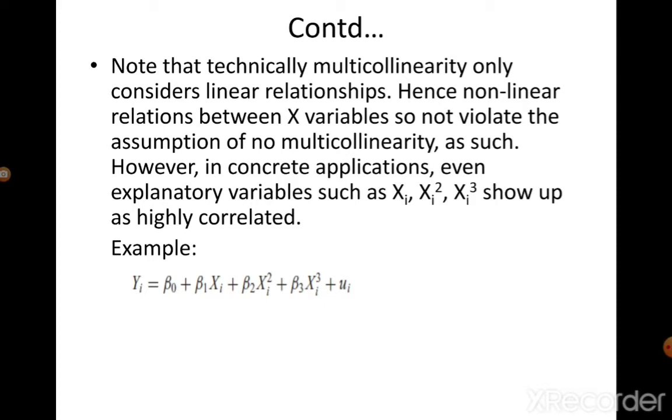But again, technically speaking, a model such as this is not violating our assumption of no multicollinearity, because that only talks about linear relationships, whereas xi square and xi cube are non-linearly related variables.